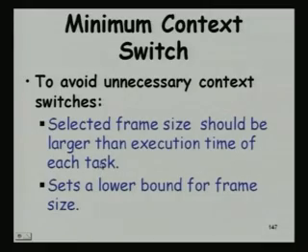If the frame size is too small, let us say one clock cycle is one frame, then every clock cycle the scheduler comes up and runs. It is not really a very practicable situation. So, let us look at the other constraints. The size should be larger than the execution time of each task.